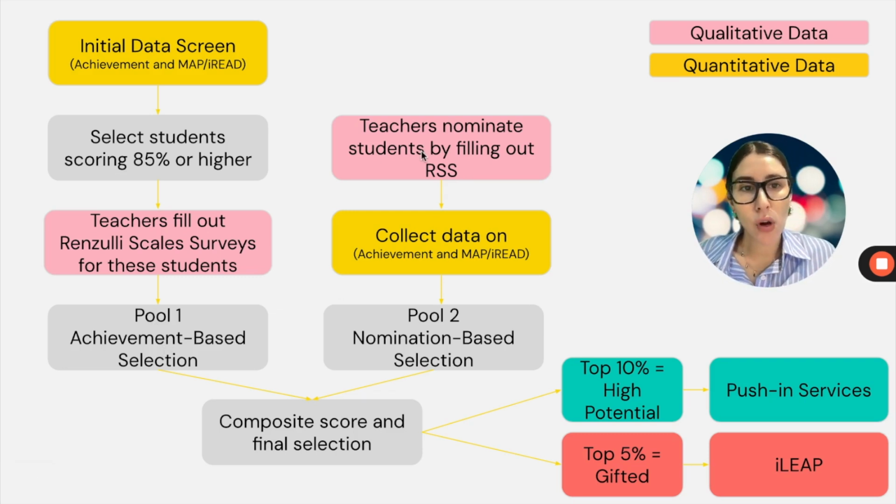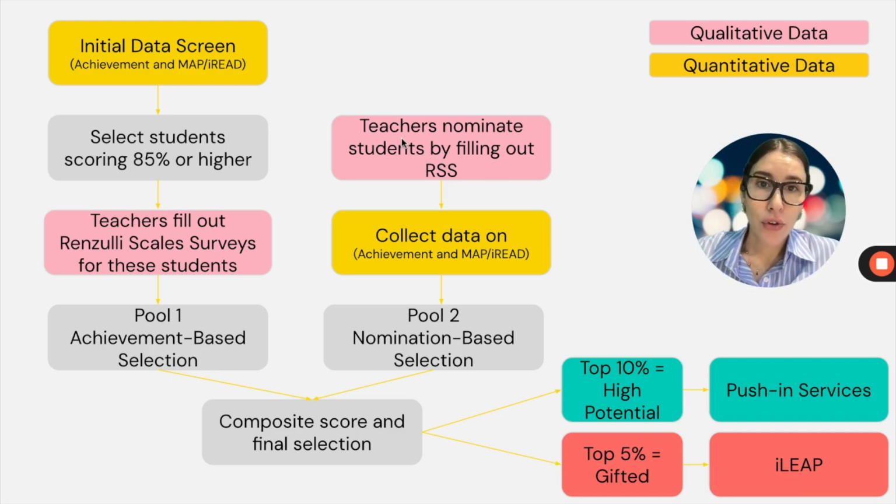However, we do not want to only base our selection on academic performance. We also want to look at students that might have other talents outside of academics, or other forms of giftedness, who may not be academically gifted or might not score really high using the traditional grading system.